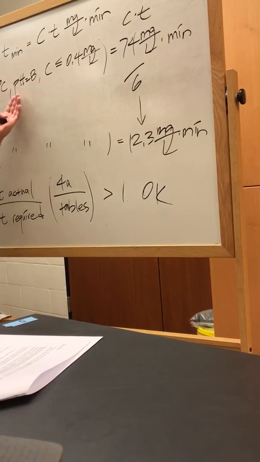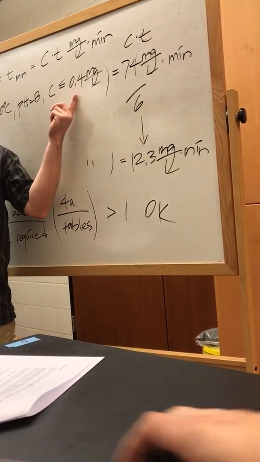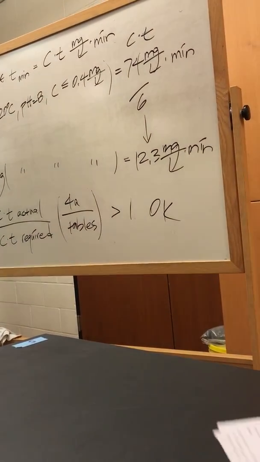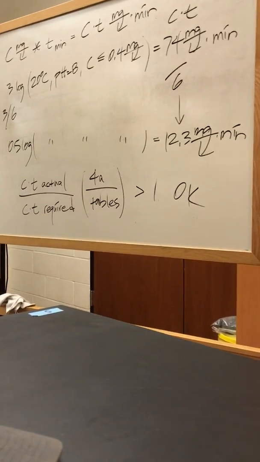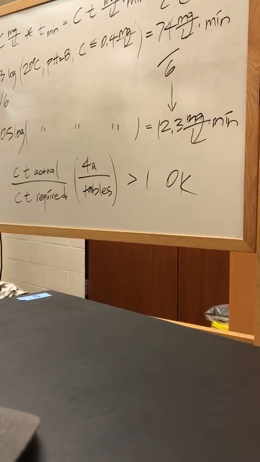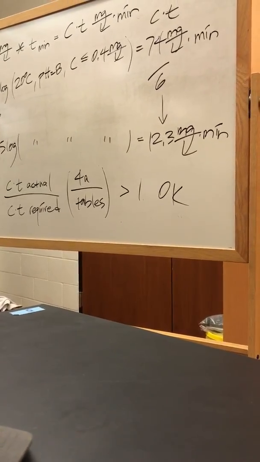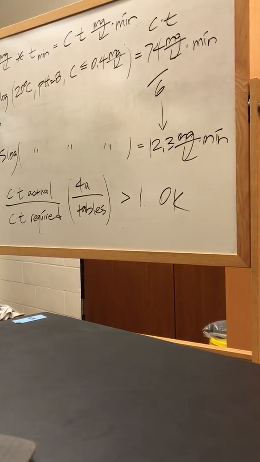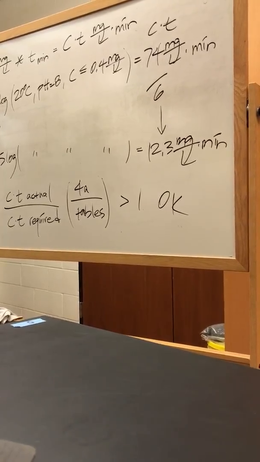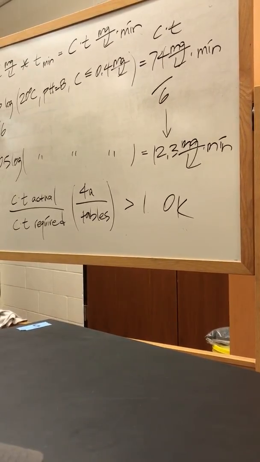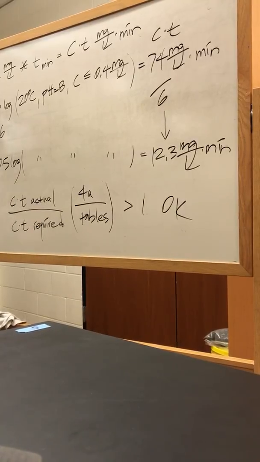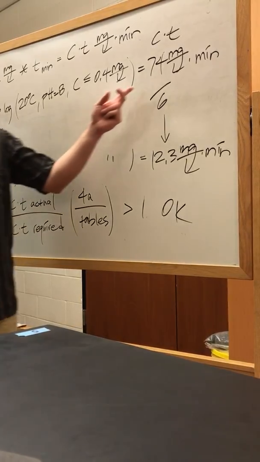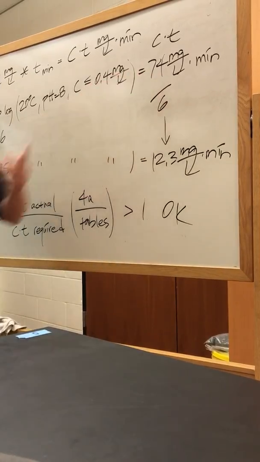You're given these parameters. Your concentration is less than 0.4. If you had a different concentration of chlorine, you could have a concentration of 1, and those same conditions, pH of 8, temperature of 20 degrees, would give you a CT of 81. Does that make sense? But in this case, we got 74.